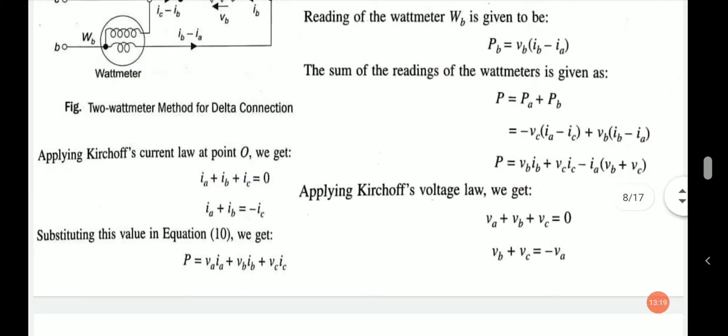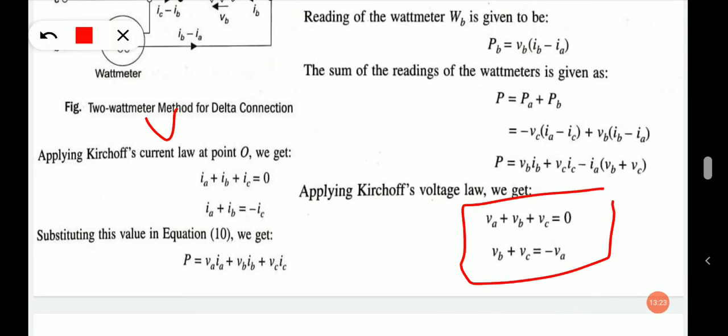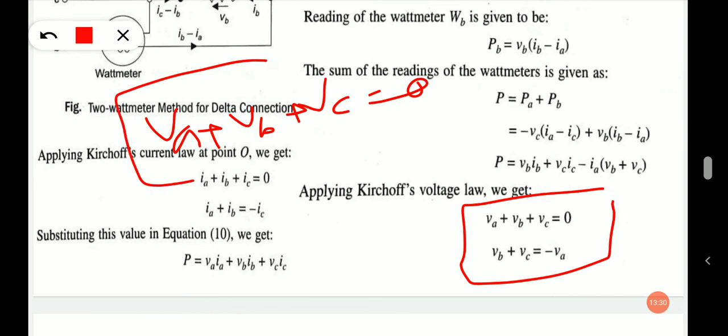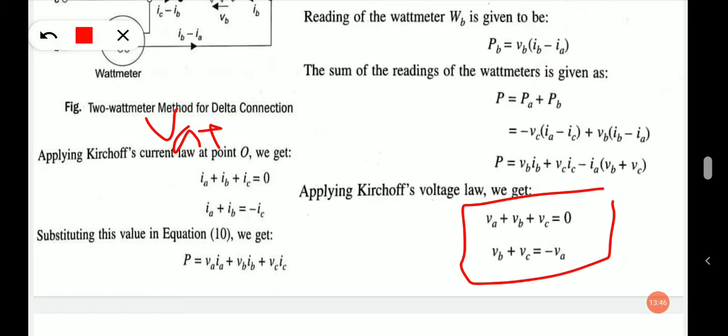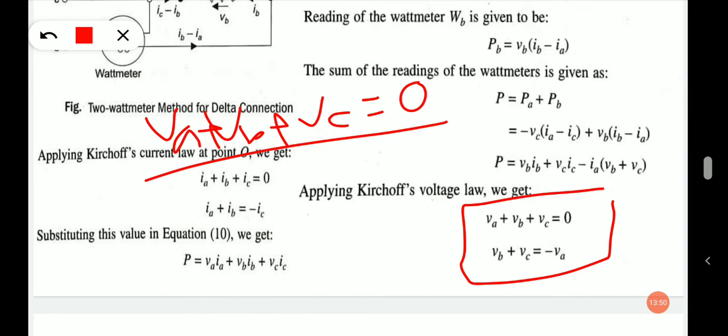Applying Kirchhoff's voltage law, we get VA plus VB plus VC equals 0.